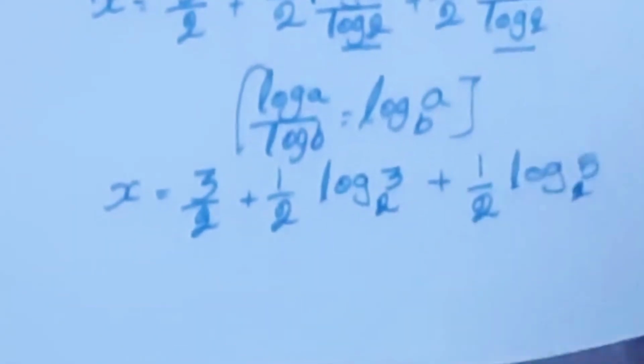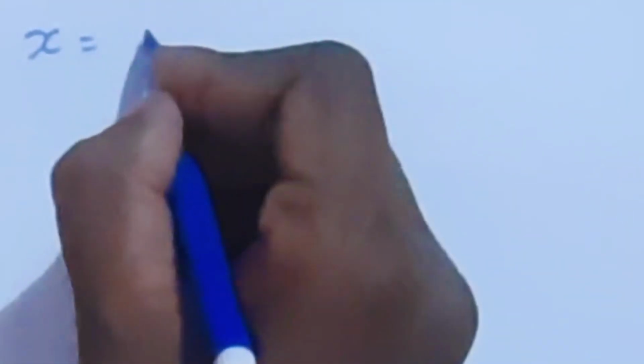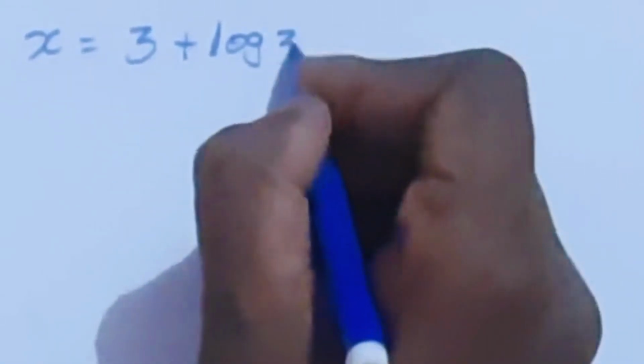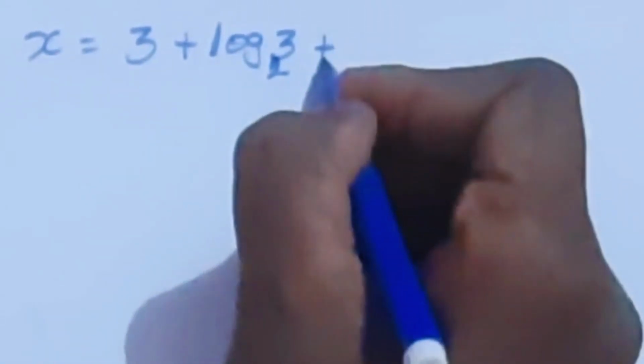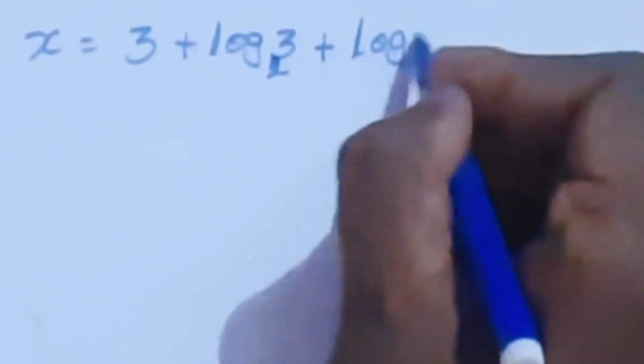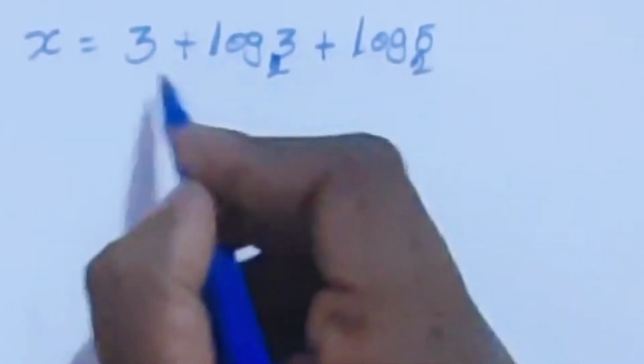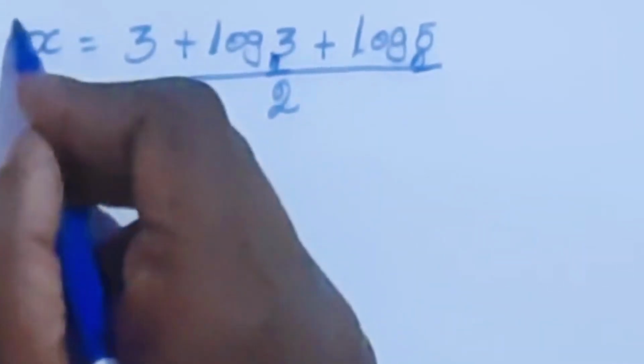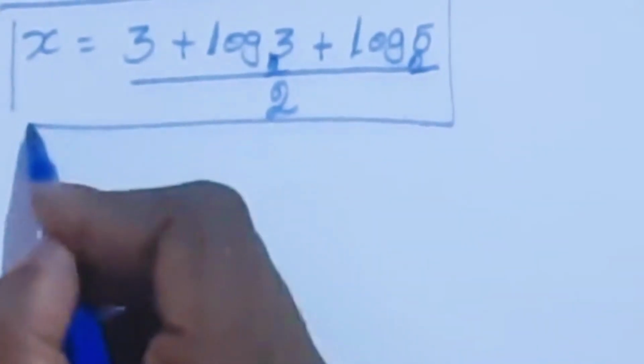Now x equal to 3 plus log 3 base 2 plus log 5 base 2 whole divided by 2. Now this is the x value.